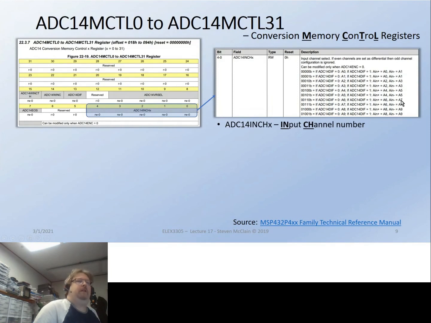So this is A0 to A9. Oh yeah, this is whether it's diff or not. This just sets the channels A0 to A9.